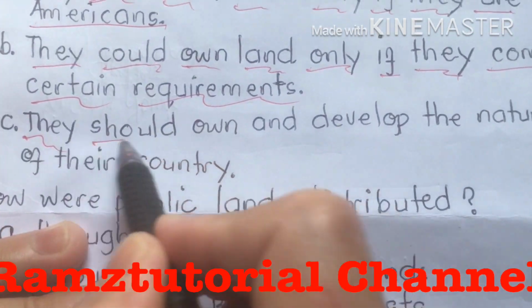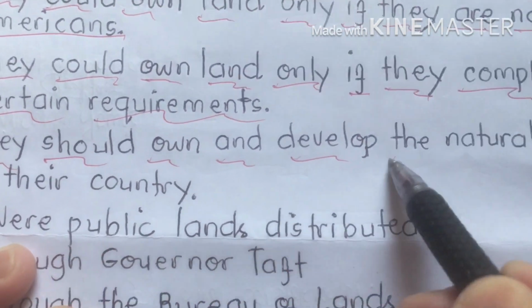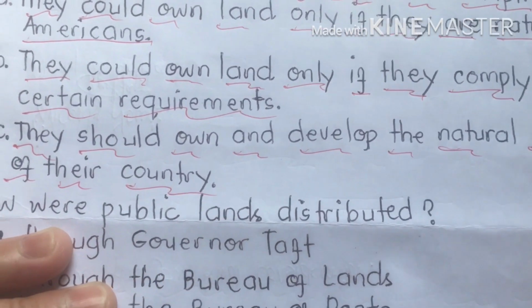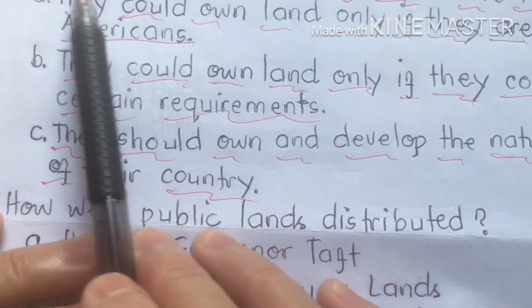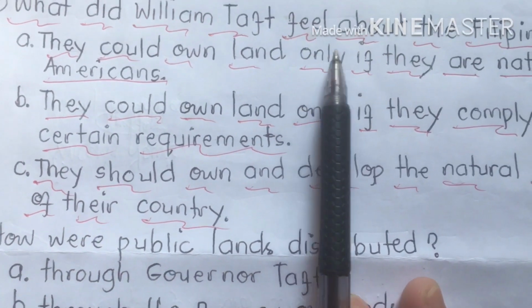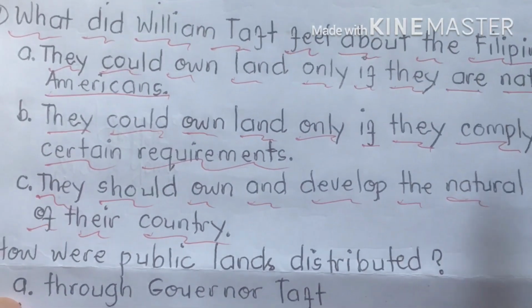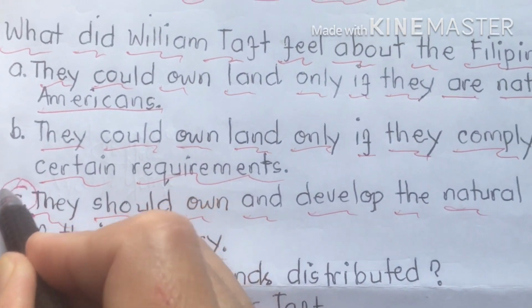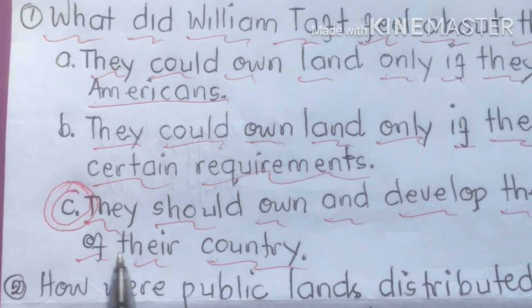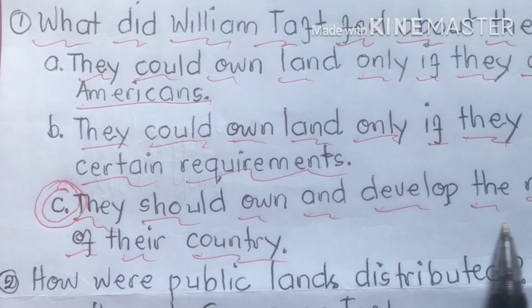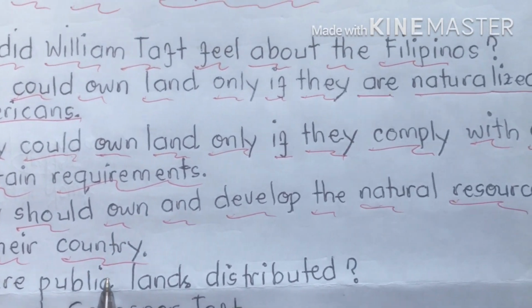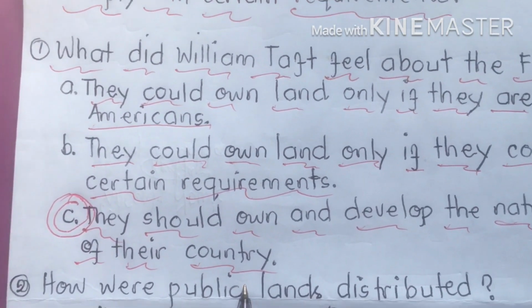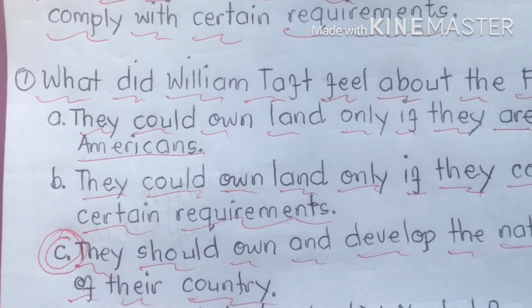C, they should own and develop the natural resources of their country. And our question number 1, what did William Taft feel about the Filipinos? So our answer, guys, is letter C. They should own and develop the natural resources of their country, for us, helping our children for their future.